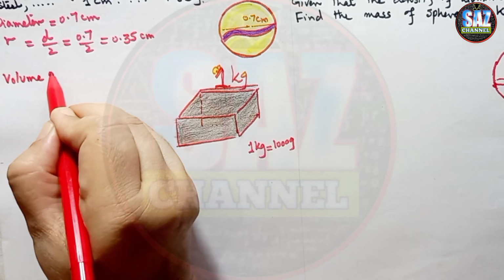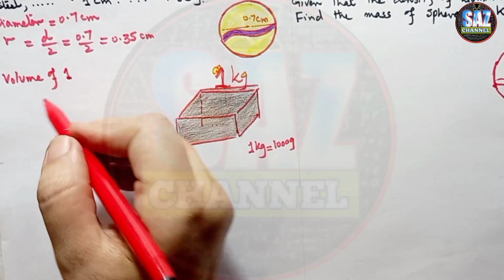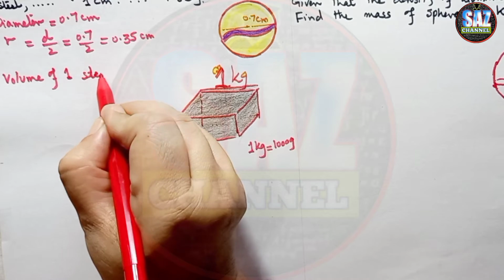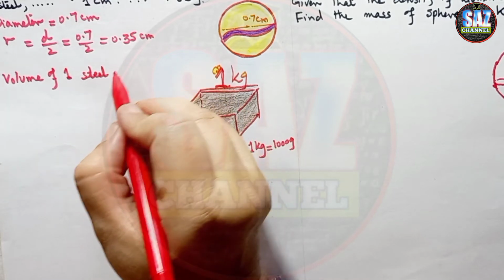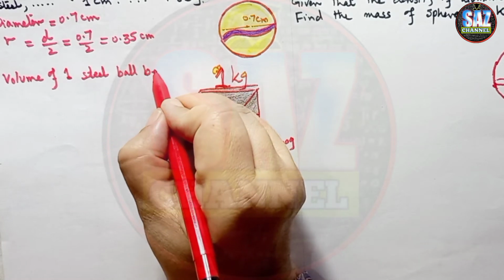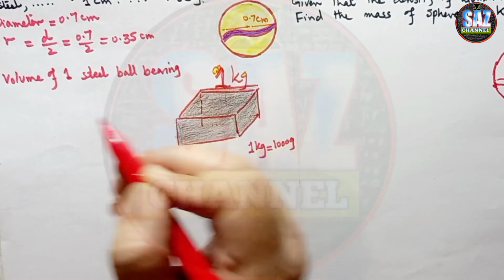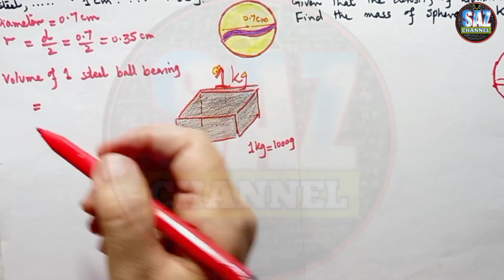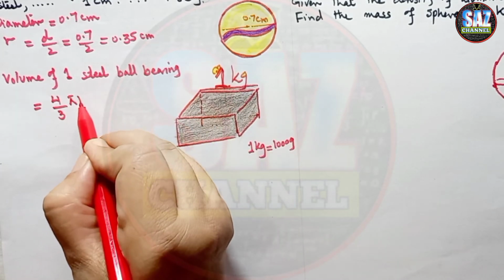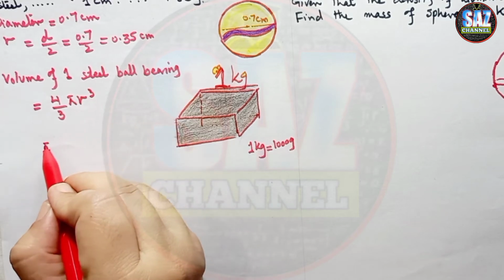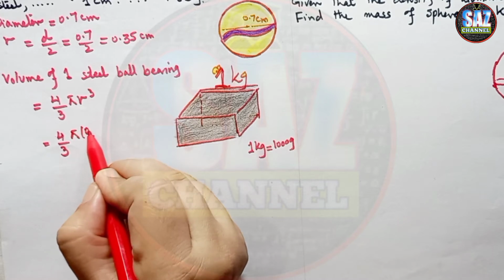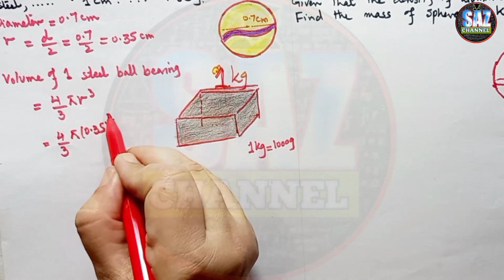Volume of one steel ball bearing, as it is actually a sphere, will be equal to 4 by 3 into pi r cube. 4 by 3 into pi, r cube is 0.35 whole cube.